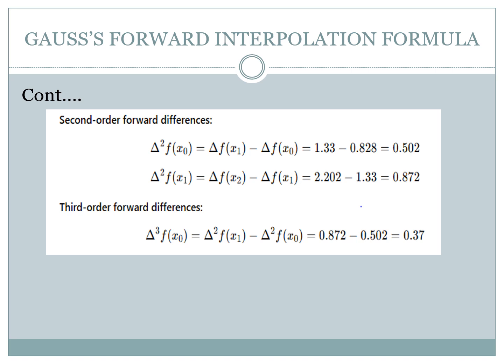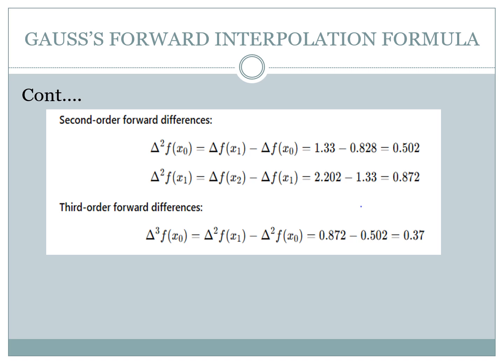Third order forward difference formula is delta power 3 f of x naught, which is denoted by delta power 3 f of x naught equal to delta square f of x1 minus delta square f of x naught. So already we know these values, that is delta square f of x naught value is 0.502 and delta square f of x1 value is 0.872.